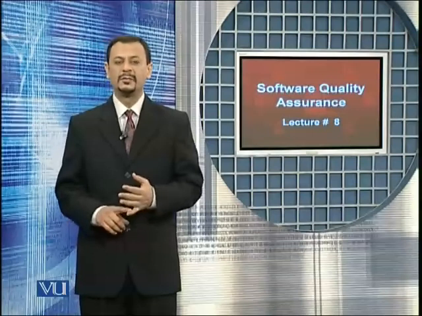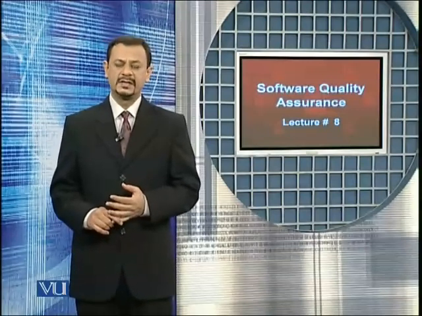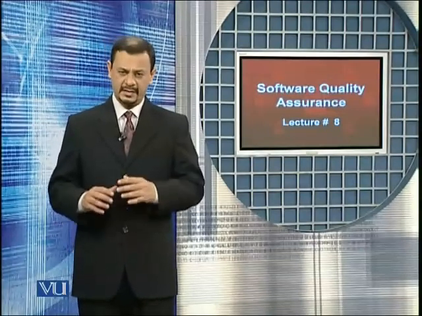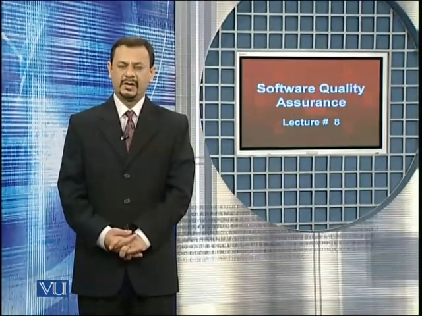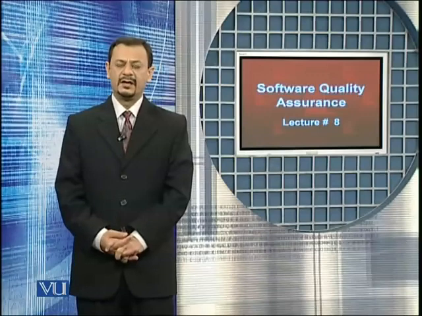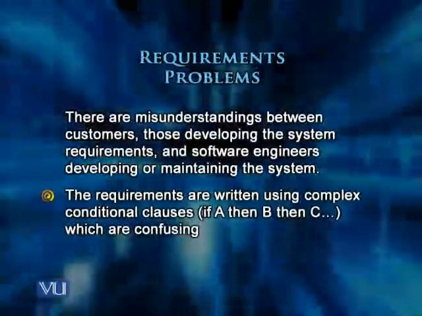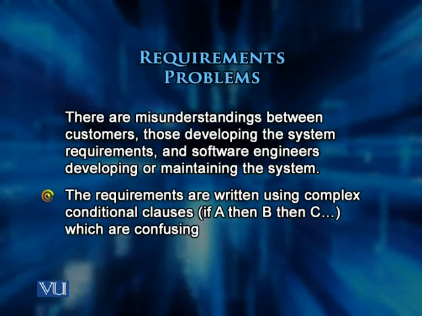So another problem with requirements is that the requirement set can be misinterpreted if there is ambiguity in them. Usually the requirements are written as complex conditional statements. For example, it would say if A, then B, else C, or else something else. And this sort of documentation is confusing.